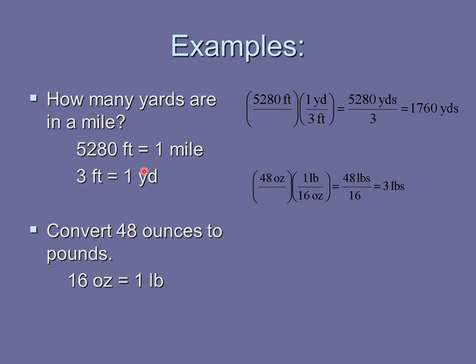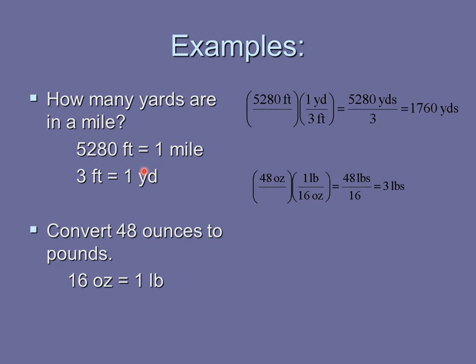But look at this. At the very end, I have to cancel out every single unit except yard, because the yard will be required in my answer, right? So what are we left with right now? You are left with feet, because the mile and mile got cancelled. So now you have to get rid of feet as well.